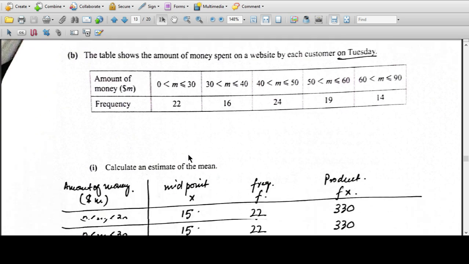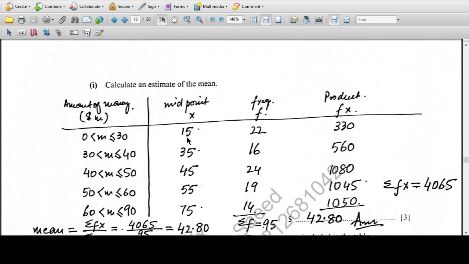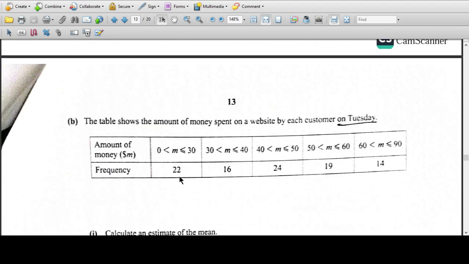Here the midpoint of the class between 0 to 30 is 15. The midpoints of the other classes are 35, 45, 55, and 75. The frequencies are 22, 16, 24, 8, 19, and 14.